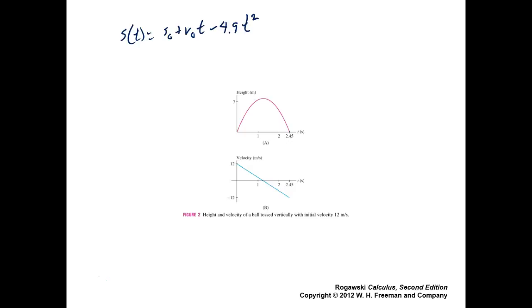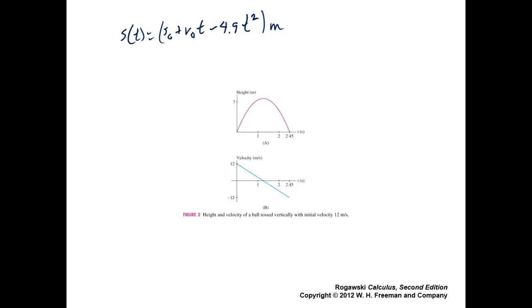Now the ball's height at time t is given by Galileo's formula, and this is measured in meters. How do you know that's meters? Because it's half of the acceleration due to gravity, which is 9.8 meters per second squared.